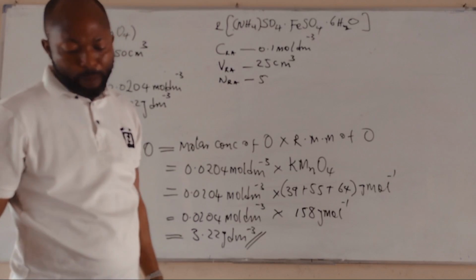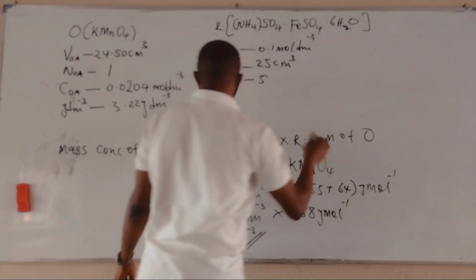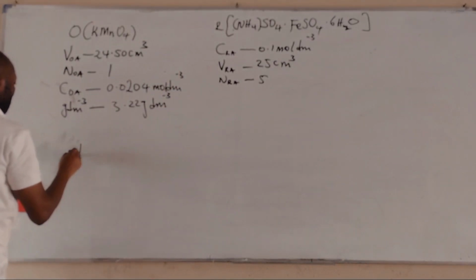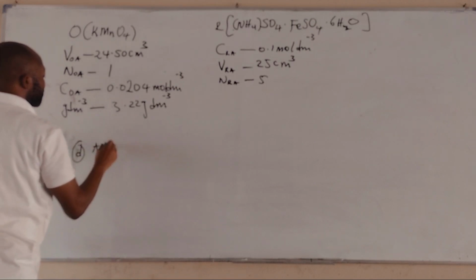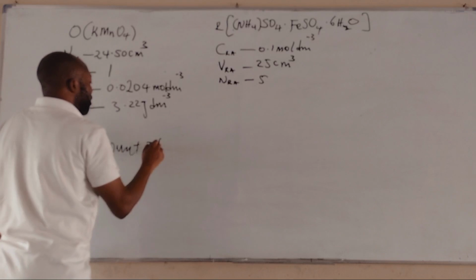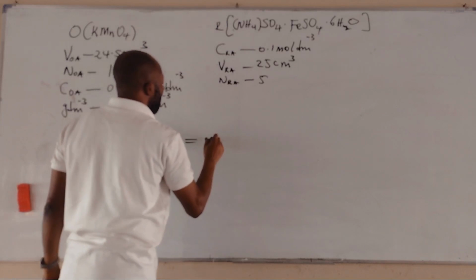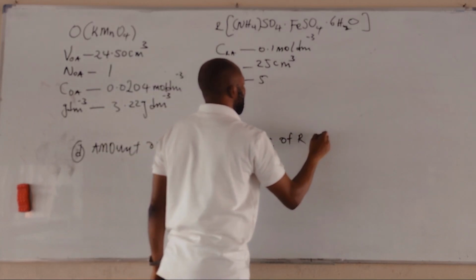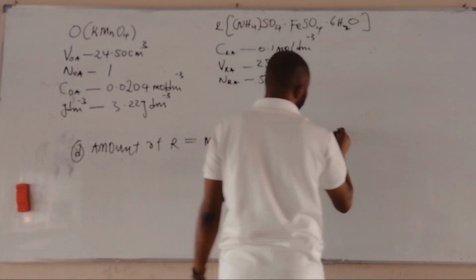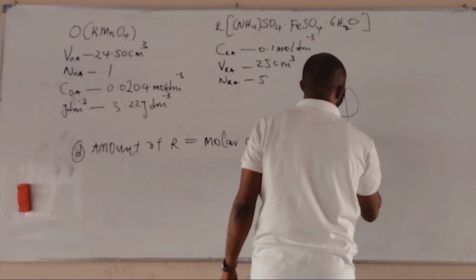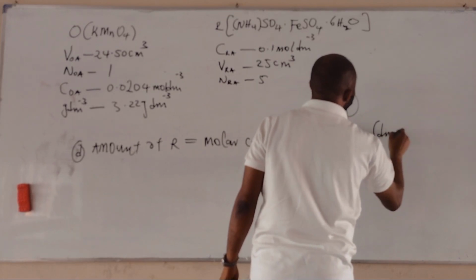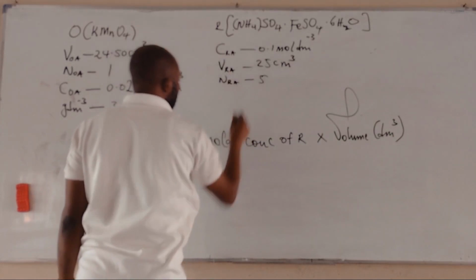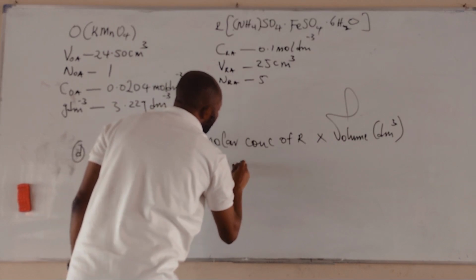The D says amount of R. So let me clean the board and get our amount. The amount of R is equal to molar concentration of R times volume in dm3. The molar concentration of R is 0.1 mole per dm3.